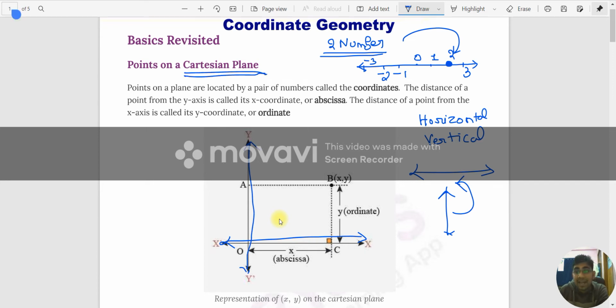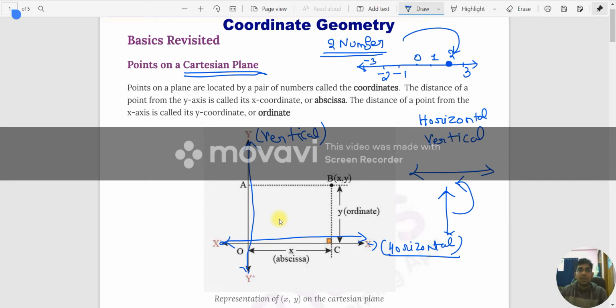So I think you can get my point. When we meet two lines together, the x-axis means the horizontal line and the y-axis means the vertical line. So when two number lines, x-axis the horizontal line and y-axis the vertical line, meet together, they form a Cartesian plane.